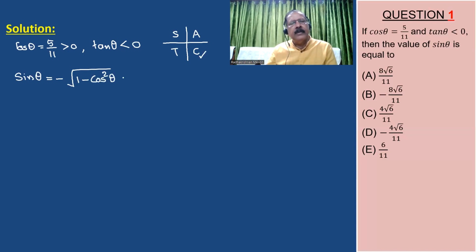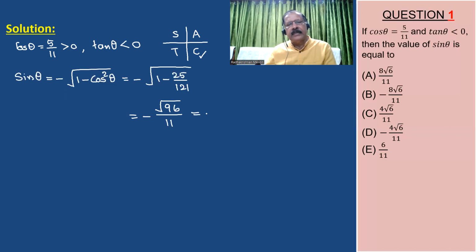Now, since cos theta is given, you can straight away substitute and simplify. 25 divided by 121. Now simplification, minus root 96 divided by 11.